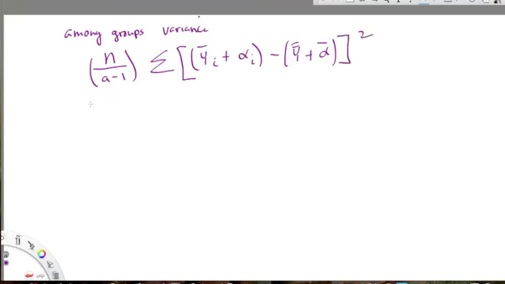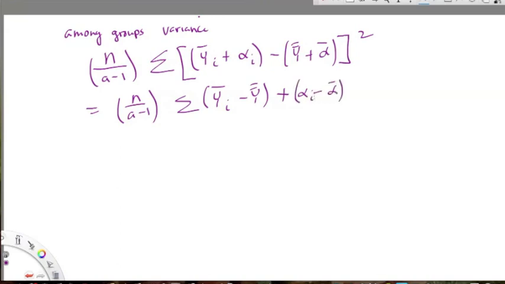And we can again rearrange terms: equals n over a minus 1 times the summation of y bar i minus y double bar, plus alpha i minus alpha bar. Notice these don't actually turn into a 0 here, do they?